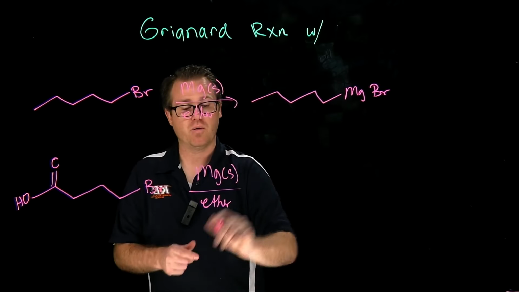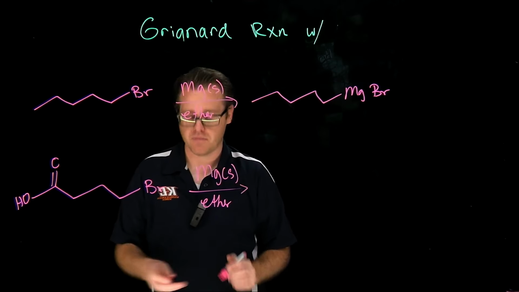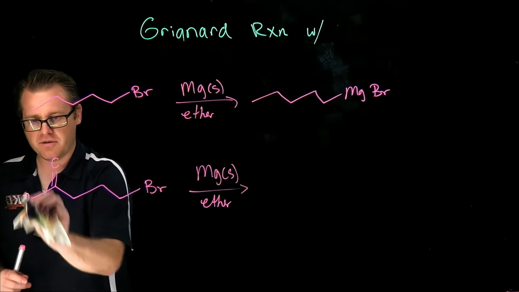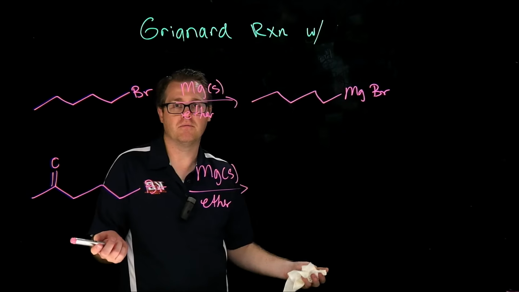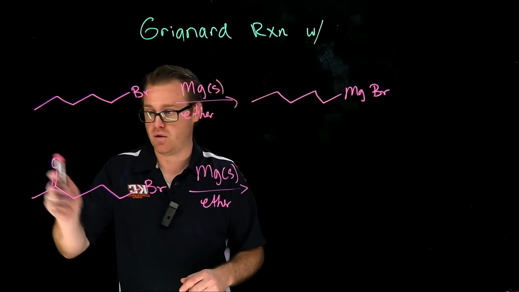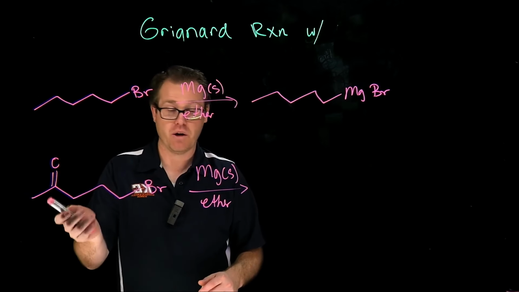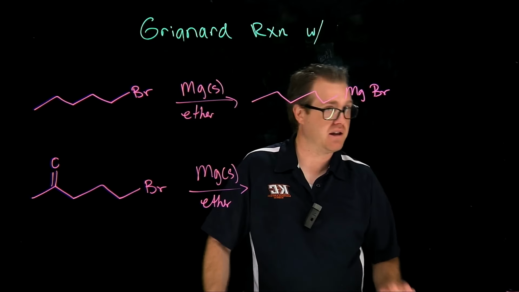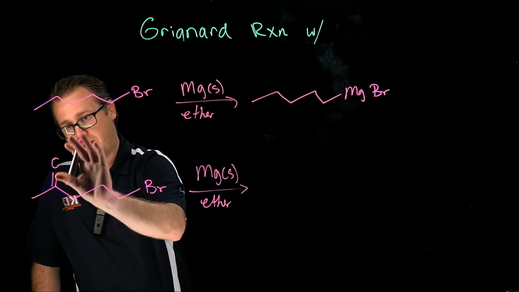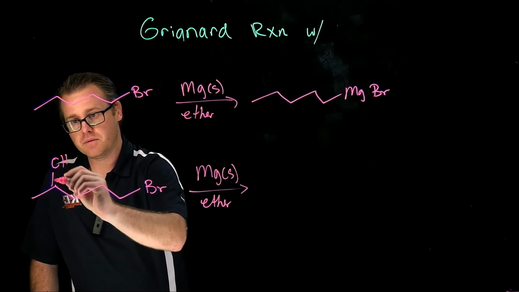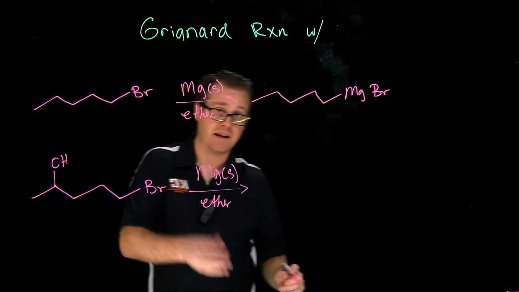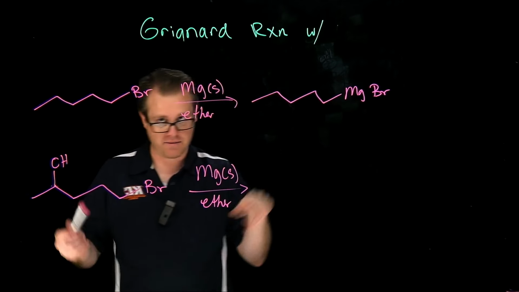Because the Grignard would react with itself. Let's see, what's another bad functional group to have on there? A ketone, right? Because we've seen Grignards react with ketones. So if you have a ketone on your molecule when you're trying to form the Grignard reagent, that's a bad plan. So if we go back to our alcohol here, what if you have to have the alcohol there, but you need to make a Grignard? Now there's workarounds.